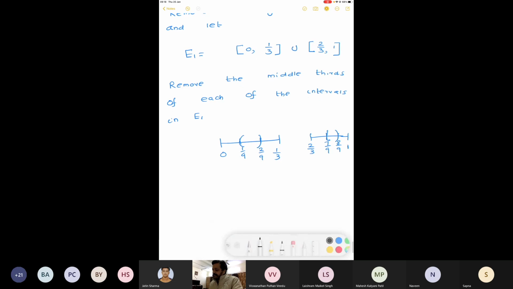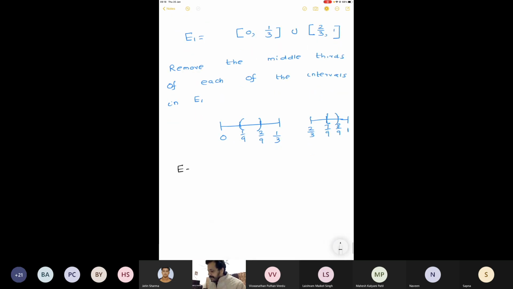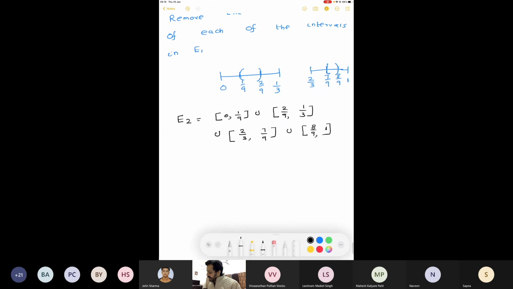And what is left over is E2. E2 is equal to [0, 1/9] union [2/9, 1/3] union [2/3, 7/9] union [8/9, 1]. And continue in this way.